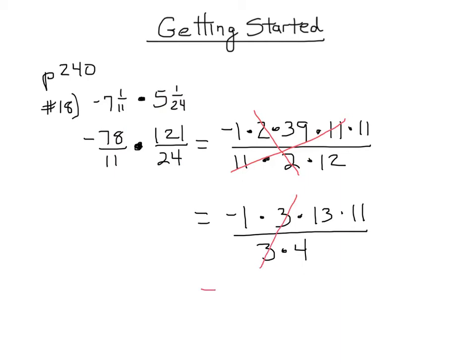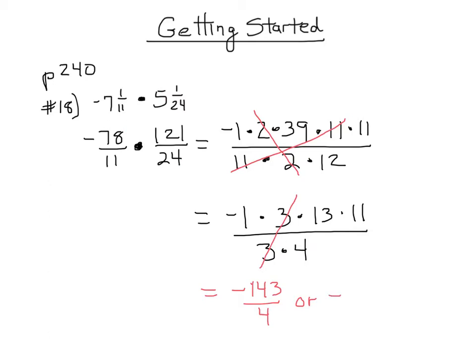I'm almost done. Across the top, I have a negative 1 times 13 times 11. So I can use a calculator for 13 times 11. Get negative 143 over 4. And that would be perfectly fine. If you want to change it to mixed, you just take 143, divide it by 4.